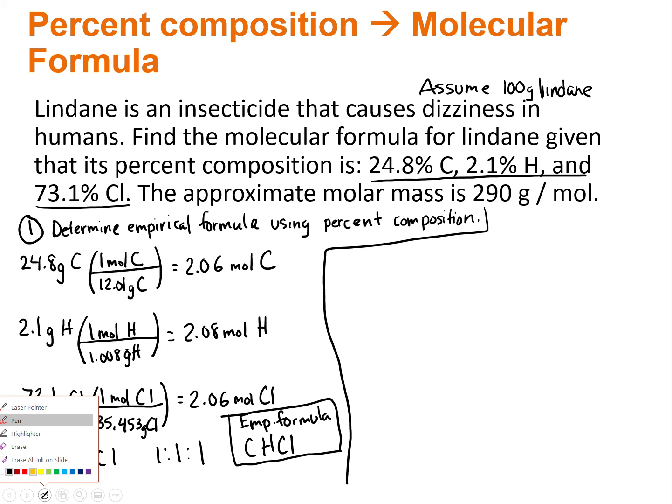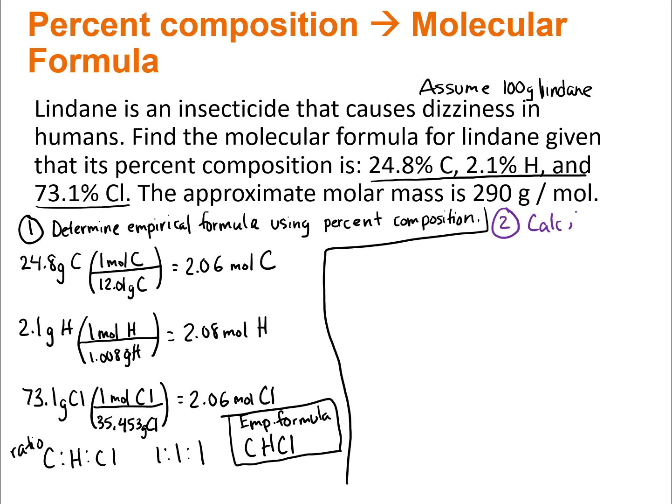Step 2, we're going to do exactly like we did before, is to use our empirical formula and calculate its molar mass. Take the molar mass of our compound, figure out N. Our empirical formula is CHCl.